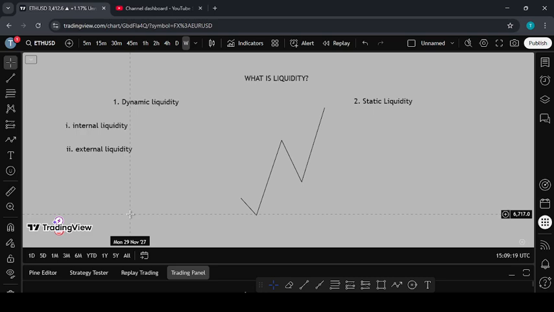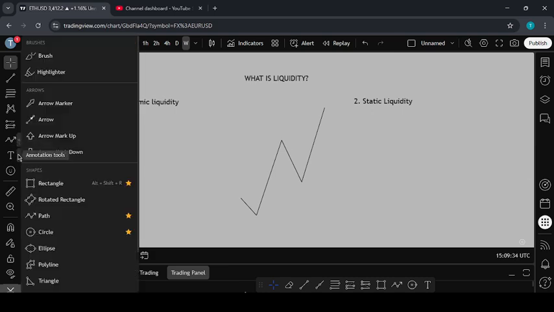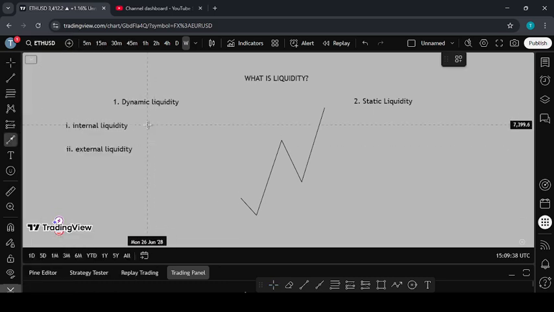It means for the market to move, the market moves from either internal liquidity to external liquidity, or from external liquidity to internal liquidity, interchangeably. So before a market moves, it must move from internal liquidity to external, and from external to internal.